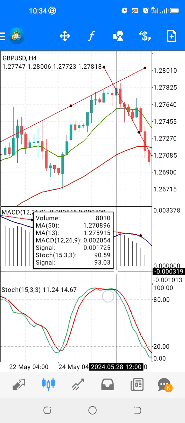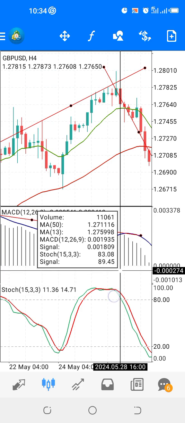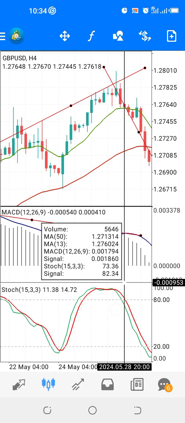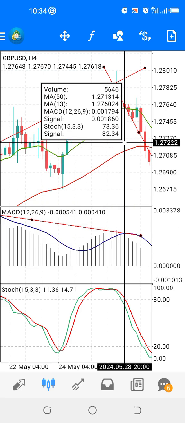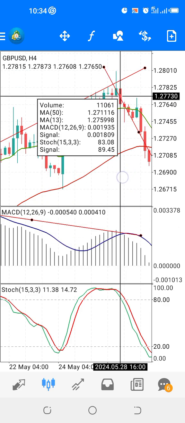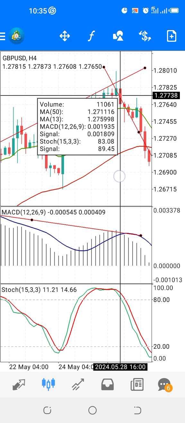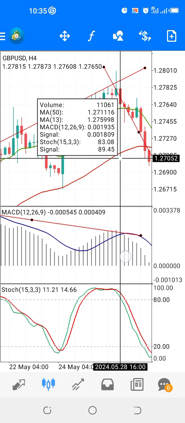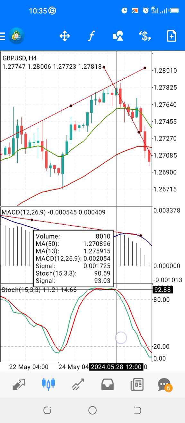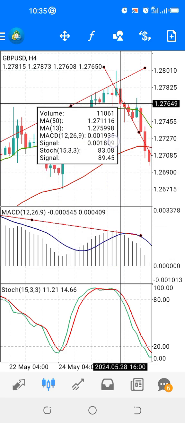And it confirms with this red candle. Wait for the candle to confirm direction.